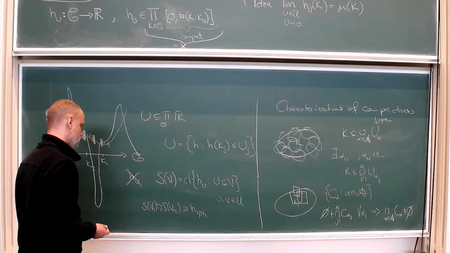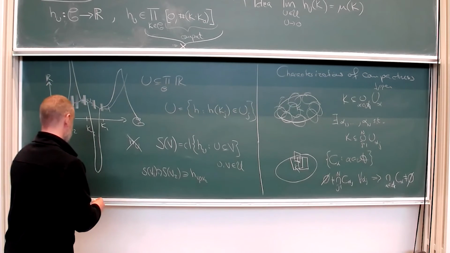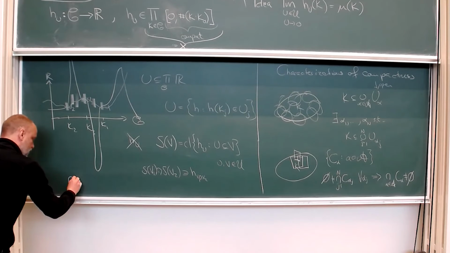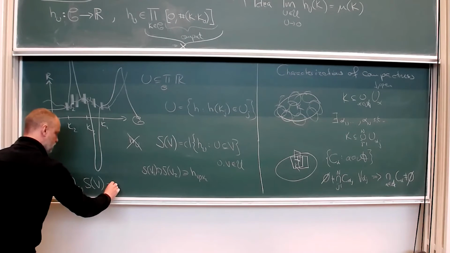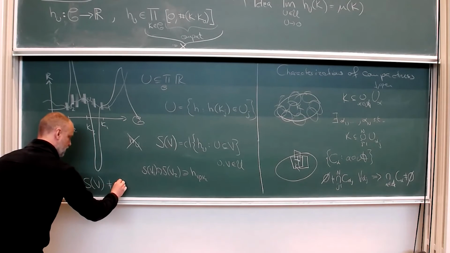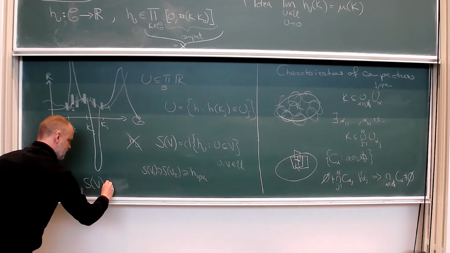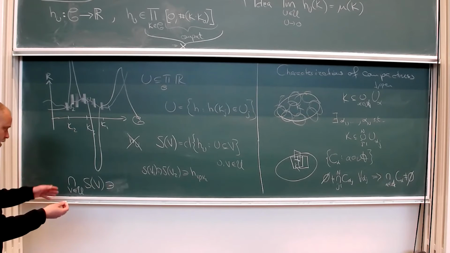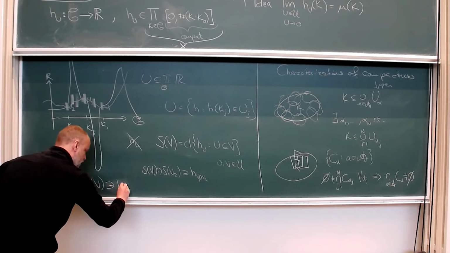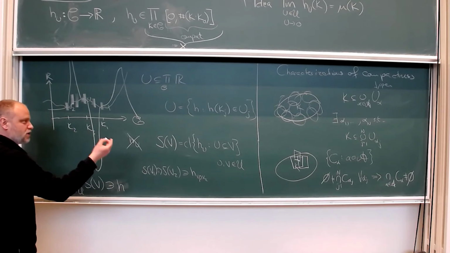Alas, right here, the intersection over V in the collection of open neighborhoods is not equal to the empty set. So there exists a guy, there might exist more. In reality, there has to be only one, but it doesn't matter now. There exists one, and that's the function h we've been looking for.